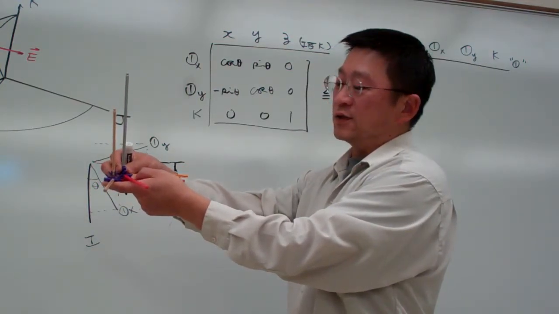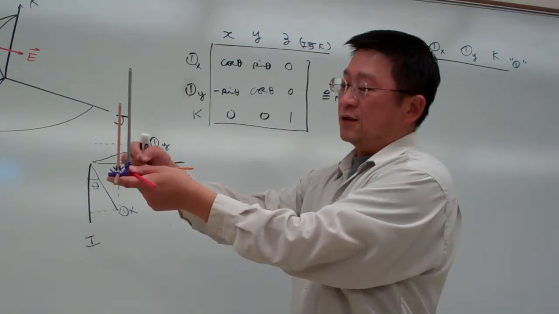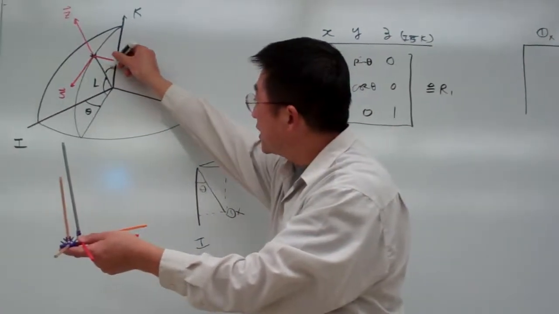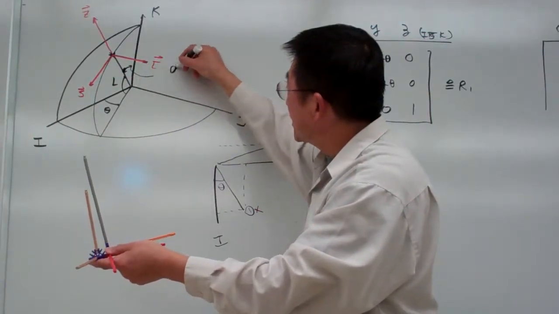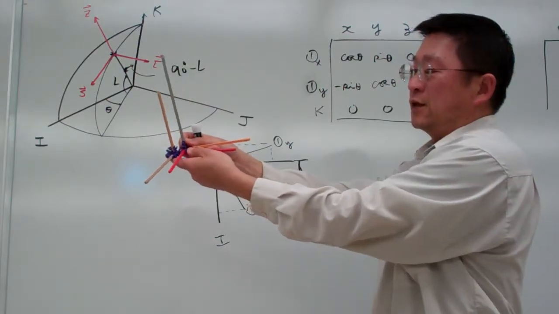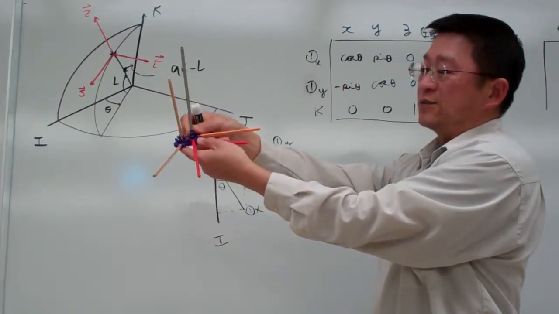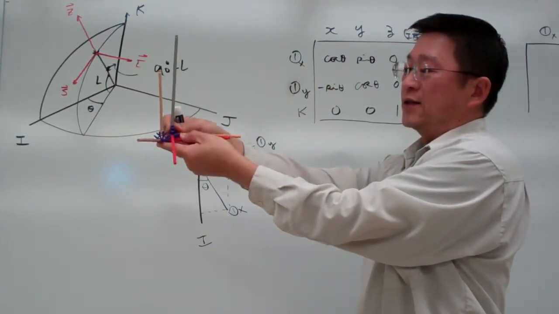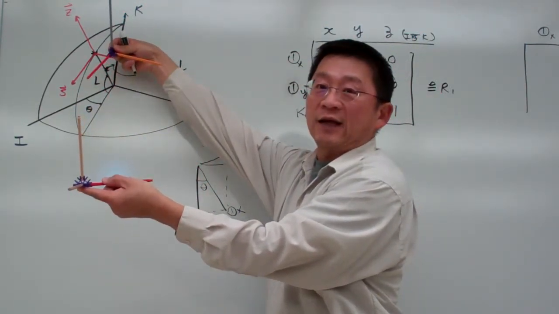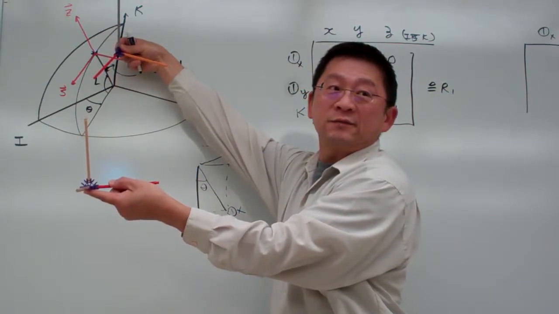The second operation is we're going to rotate about this axis by the angle. The angle is this amount. This amount is 90 degrees minus L. So we see what happens here. So right now I rotate about this axis by this amount. So in this way, you can see this aligned to that SEZ coordinate system.